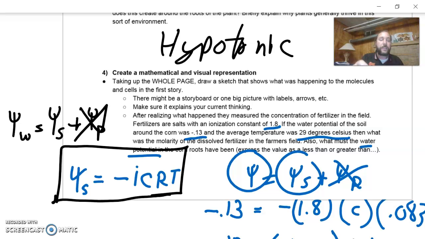So if we know that the water potential is equal to the solute potential, then it's just a chug and plug. We know that the water potential around the corn was negative 0.13. That number goes here. Okay, and then i is your ionization constant right there. C is the value we're looking for. It's the molarity of the soil.